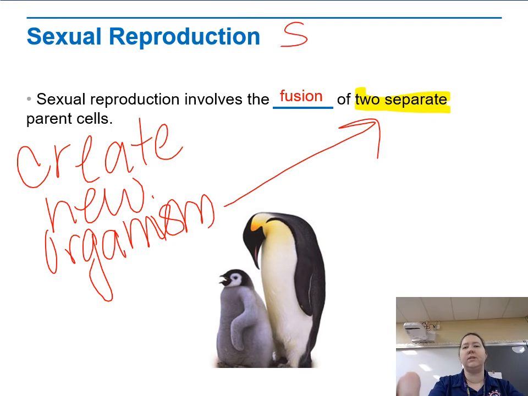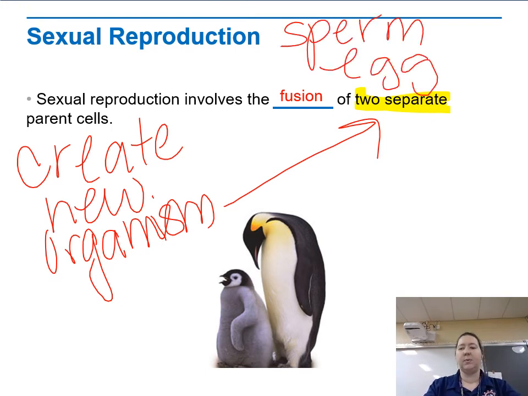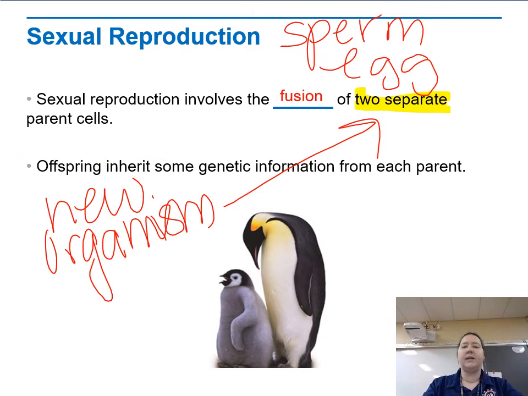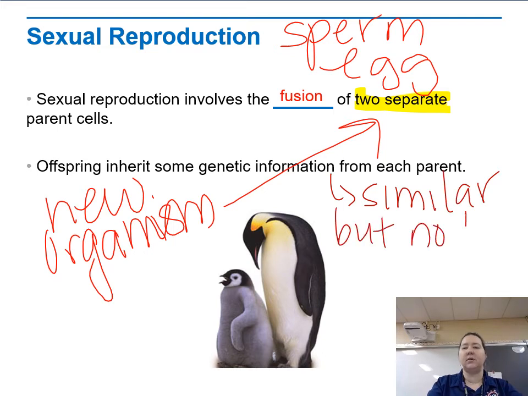Usually we talk about the sperm and the egg, sperm and egg, pollen, ovum. That's all part of sexual reproduction. Offspring inherit some of the genetic information from each parent. This is why we look similar but not identical.